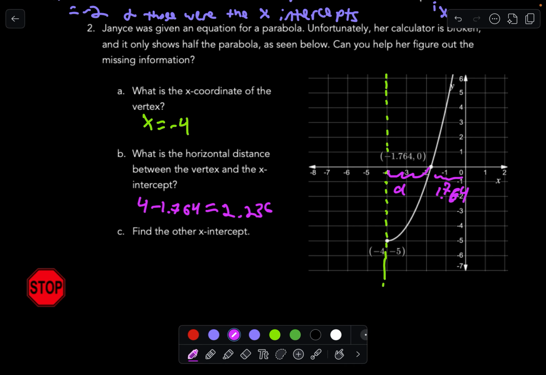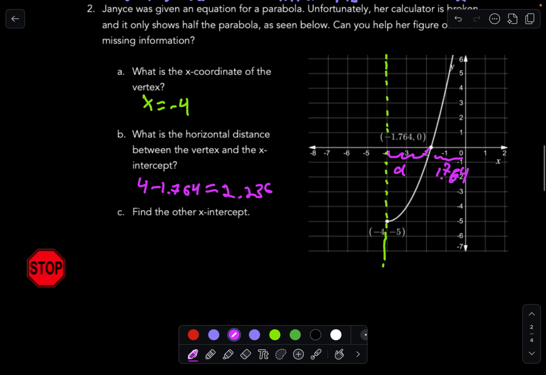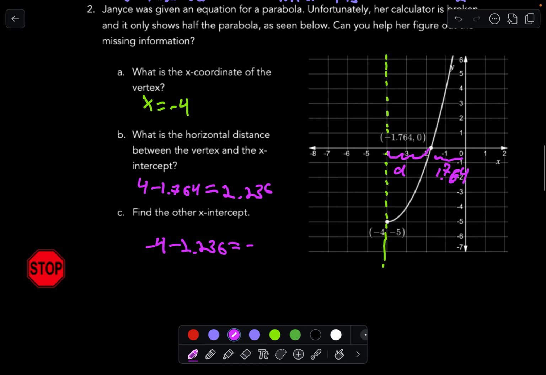If it's 2.236, there's going to be another one. Well, let me just show that to you. It would be the -4 minus the 2.236, and that works out to be -6.236.